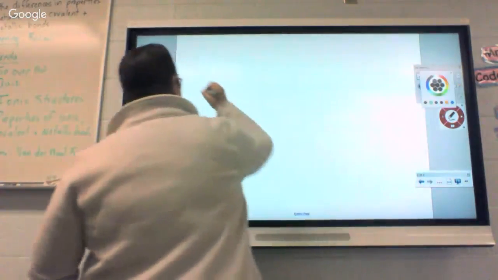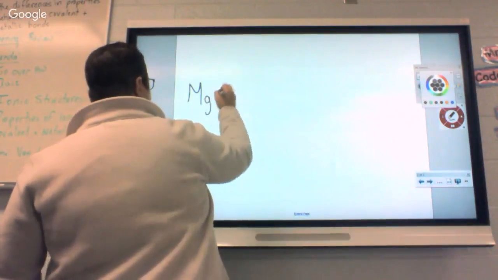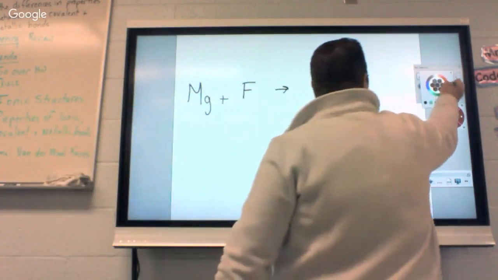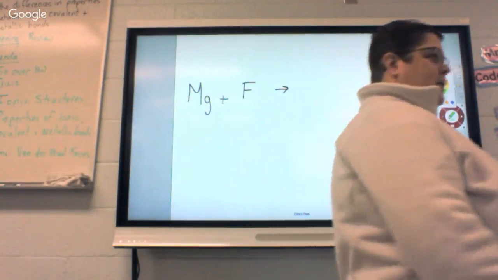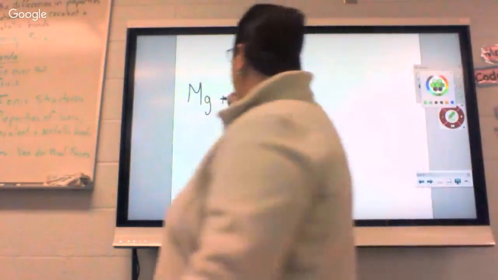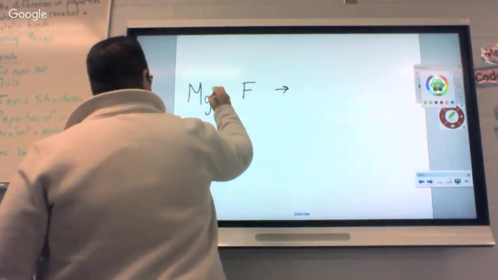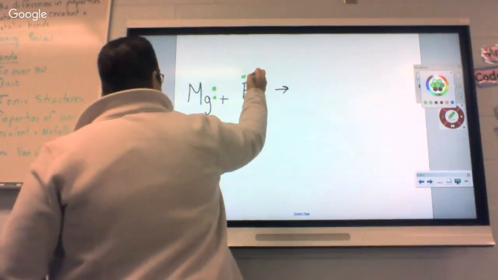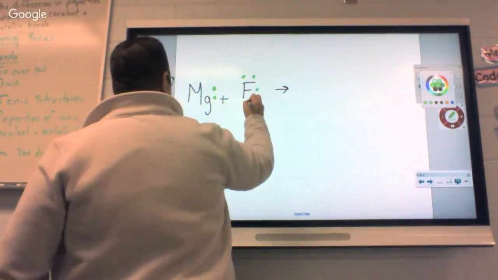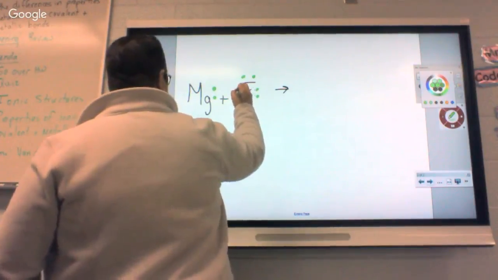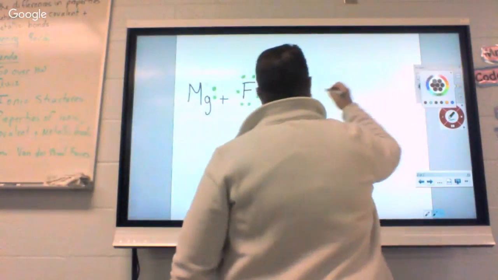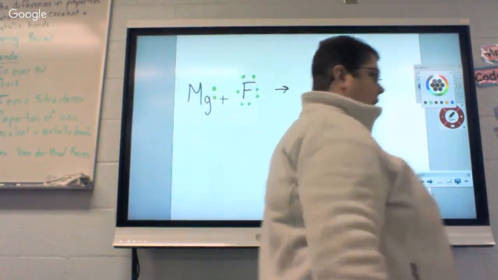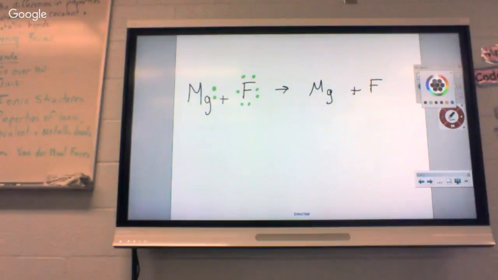All right, so let's say we have Mg plus F. Okay? How many electrons does Mg have? Okay? How many does F have? Okay? All right, Mg is going to do what?